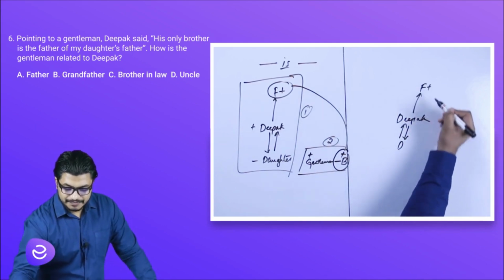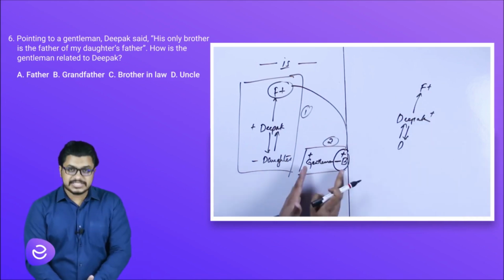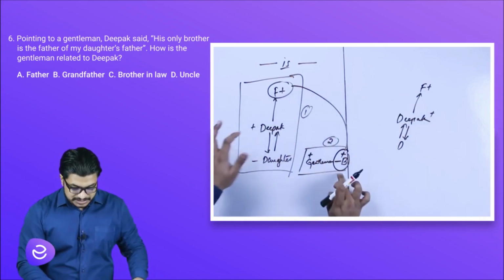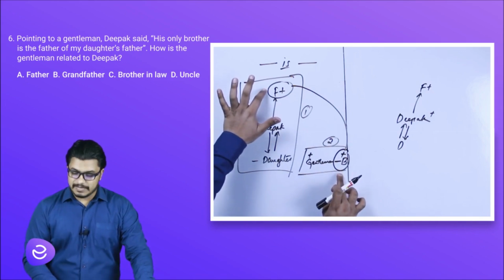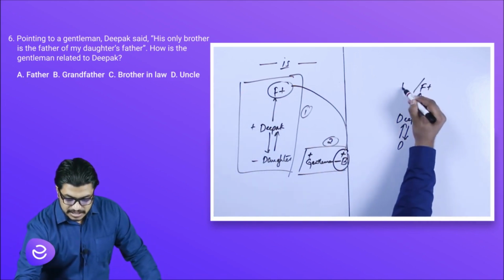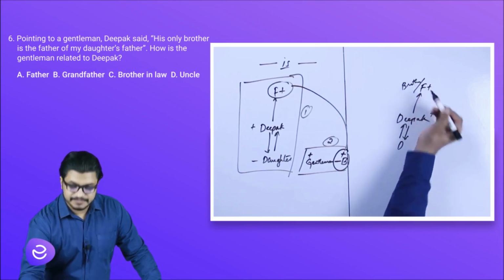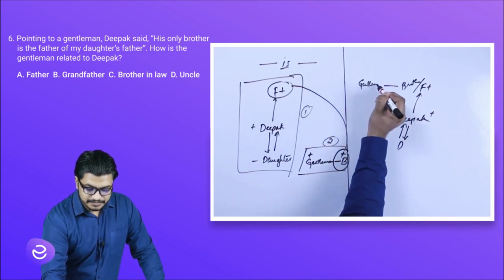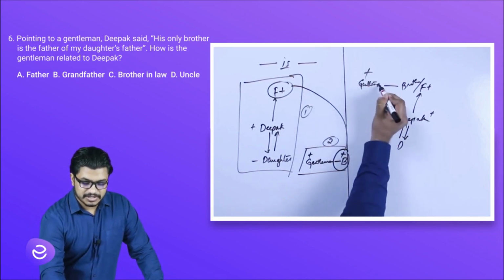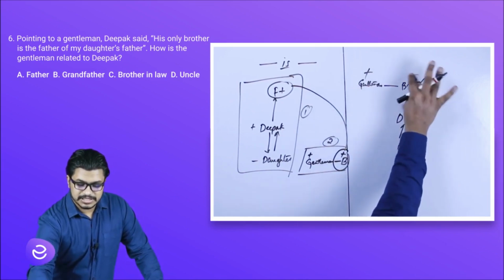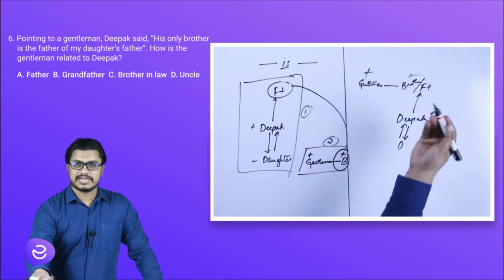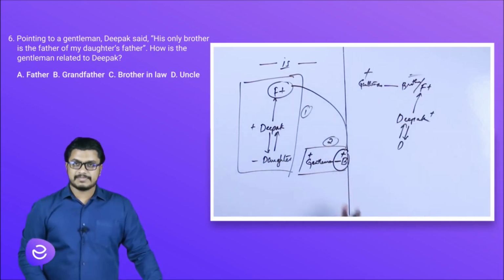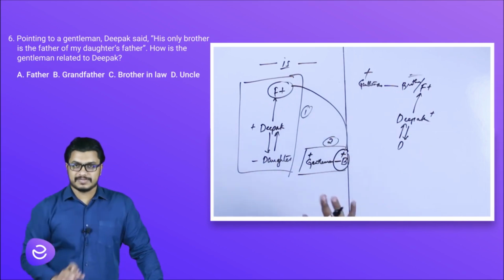Now this diagram we are taking here. So this person and this person are the same, the brother of the gentleman. So I don't have to put another plus there because both are the same person. Now this is the complete diagram.